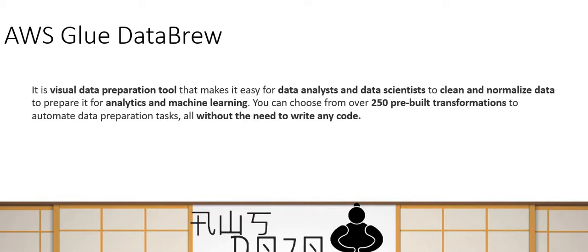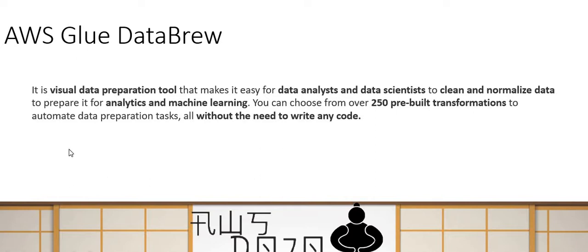Second, it is used by data analysts and data scientists for cleaning, normalizing, transforming the data. And you clean, normalize, transform the data for machine learning or analytics purposes. And you can do transformation using pre-built transformations. And there are over 250 pre-built transformations. And you don't need to write any line of code. Yeah, that's pretty much what DataBrew is.